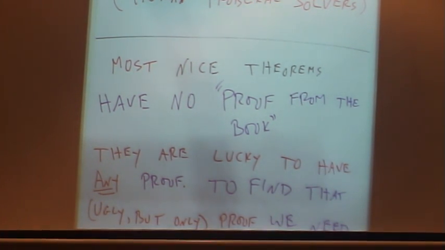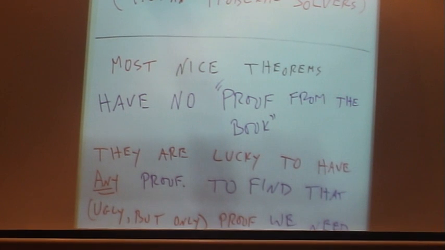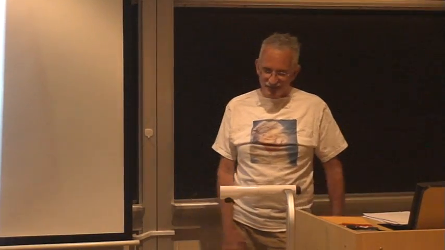And the reason some nice statements, like the four-color theorem or Fermat's theorem, do not have to date a proof from the book is that humans were not smart enough or lucky enough to find it. By being an optimist, Paul Erdos believed that every nice statement should have a proof from the book.